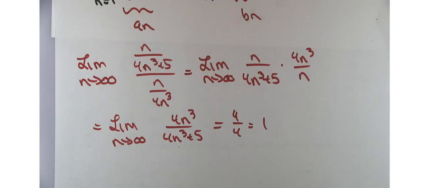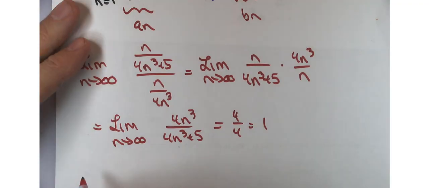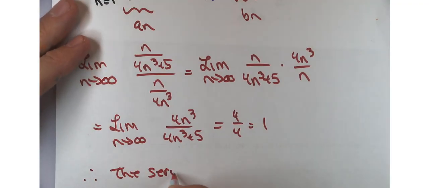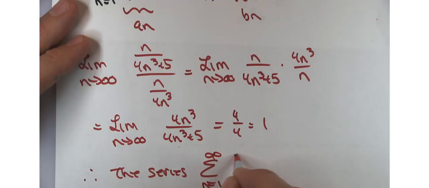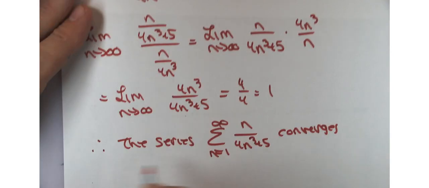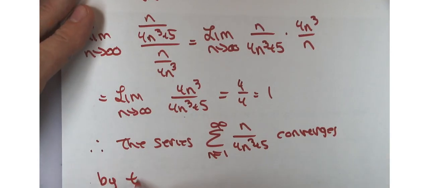All right. So therefore, this series, and I'll write this sum from n equals 1 to infinity of n over 4n cubed plus 5 converges by the limit comparison test, which I'll abbreviate with, was it n over 4n cubed?